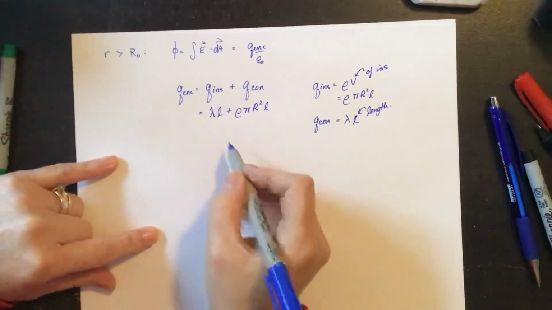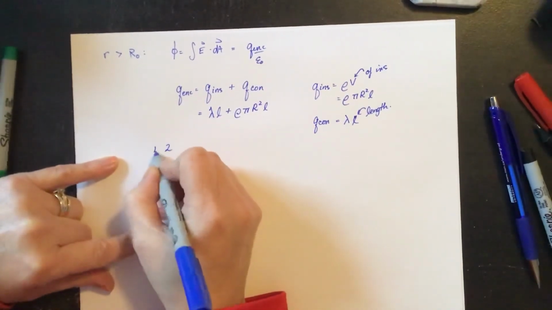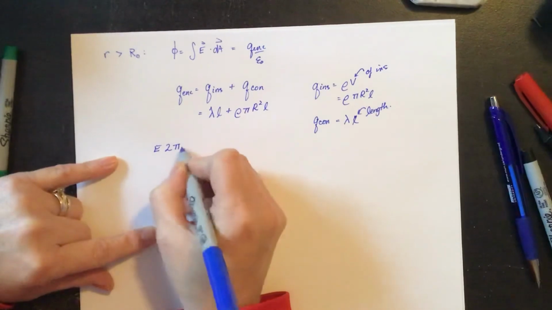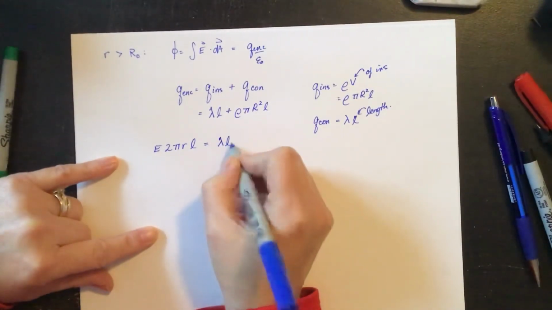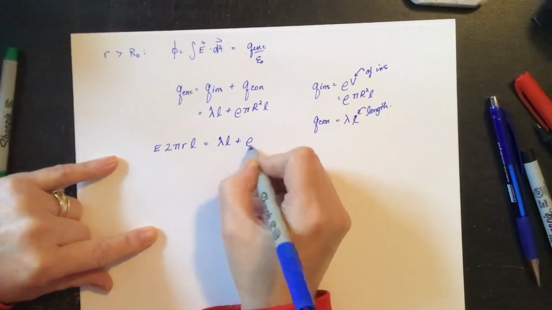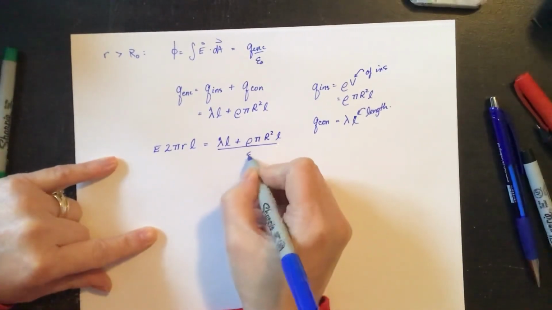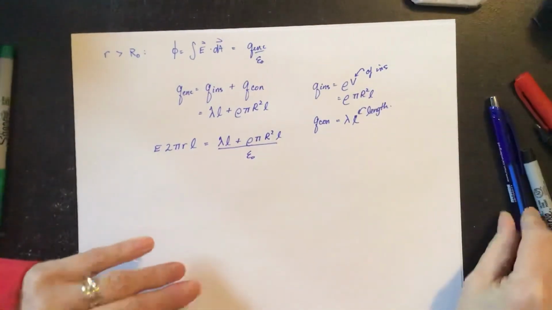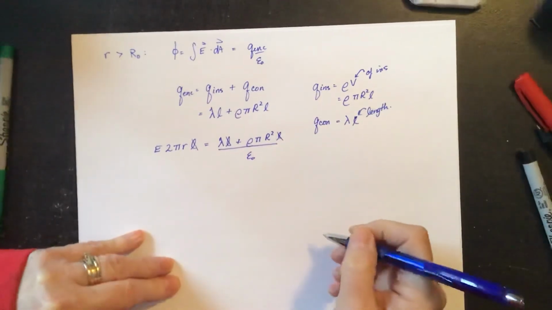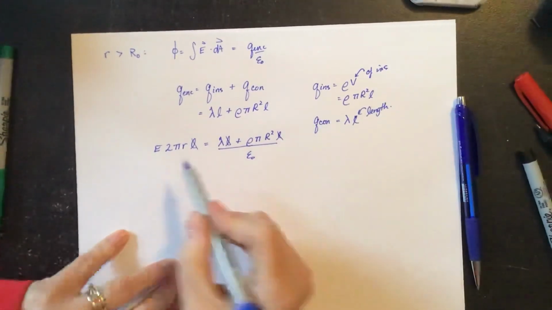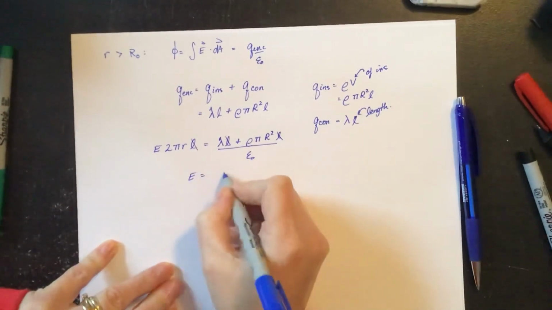Let's put our Gauss's law together. The integral of E dot dA is E times 2 pi r L equals our Q enclosed, lambda L plus rho pi r squared L, all divided by epsilon naught. This one's a little bit messier, but we can still deal with it. We have an L in every single term, so those can divide out. Then I can divide 2 pi r on both sides.